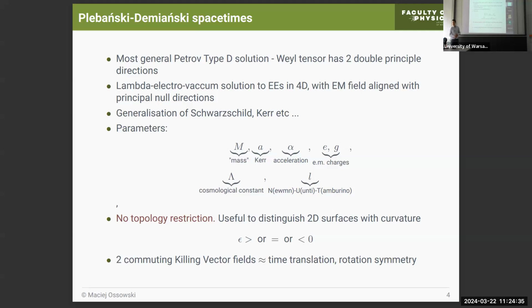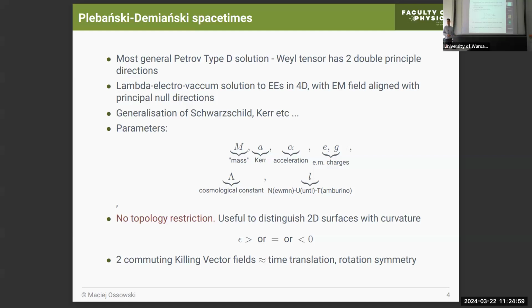You mean what kind of surfaces they are, or how to distinguish these two-dimensional surfaces in four-dimensional spaces? Well, this is of course a problem. Usually this is done by choosing some coordinates, and in these coordinates you can see that going to some subsurface, submanifold, you have something that is flat or hyperbolic.